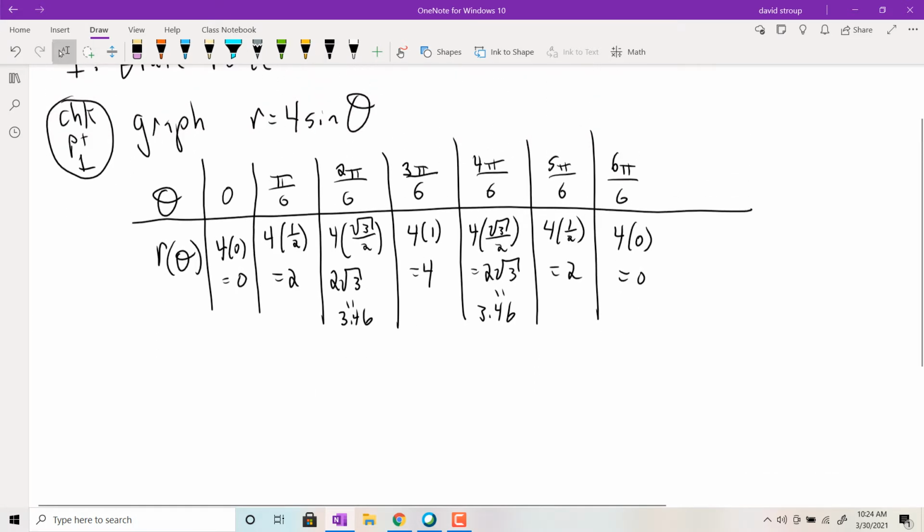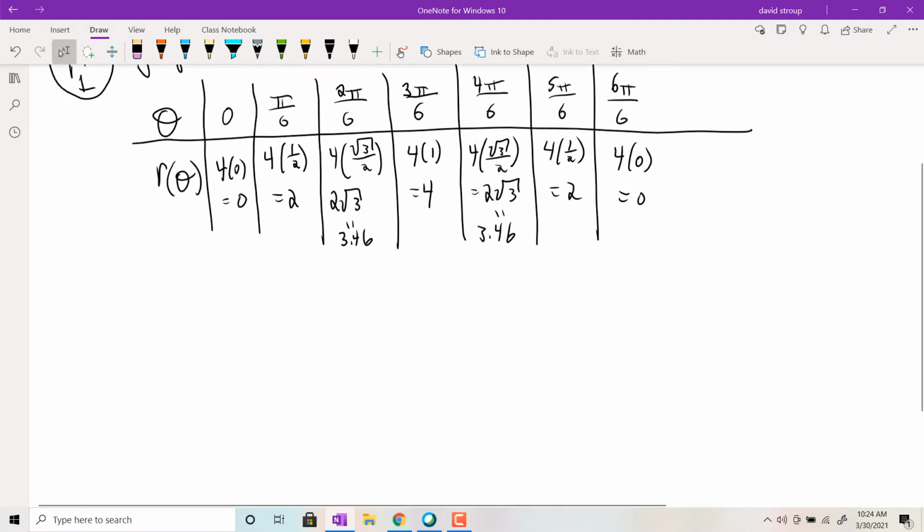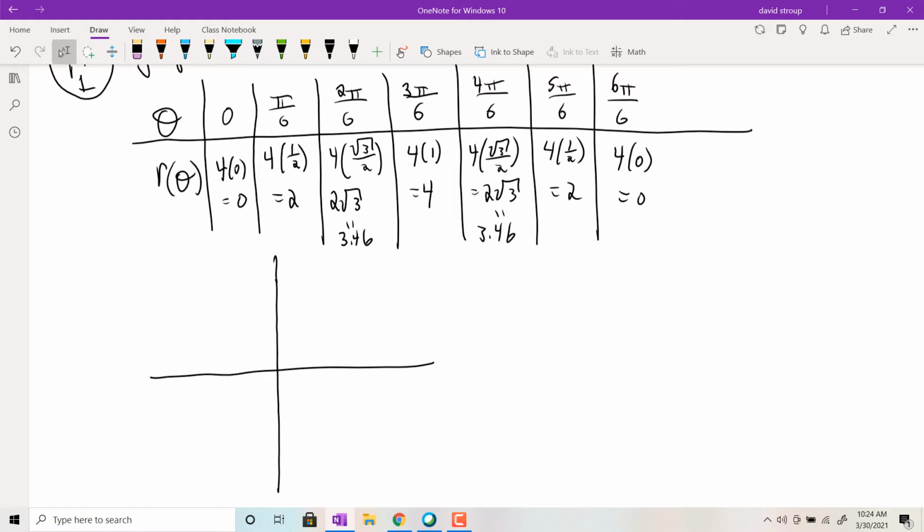Then we go to the polar coordinate system superimposed on the rectangular coordinate system and graph it. It looks like we're going to need to go to 4 with the concentric circles: 1, 2, 3, and then 4.